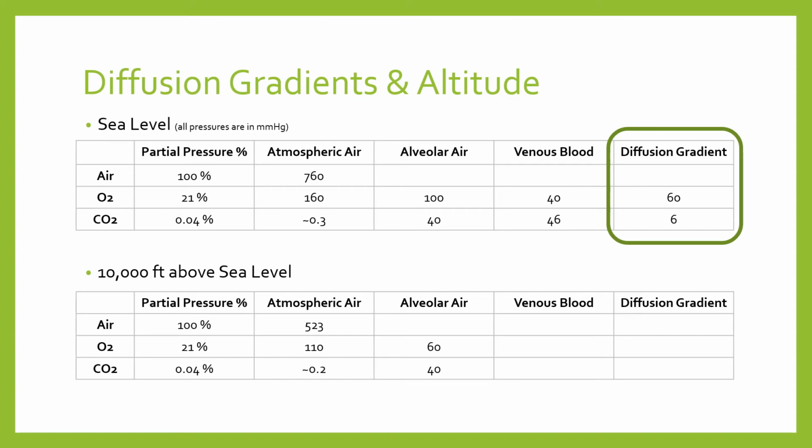So what does that mean in terms of the diffusion gradient? Well, think this through. In the venous blood, if we're doing the same level of exercise, we're demanding the same amount of oxygen, and we're producing the same volume of carbon dioxide.